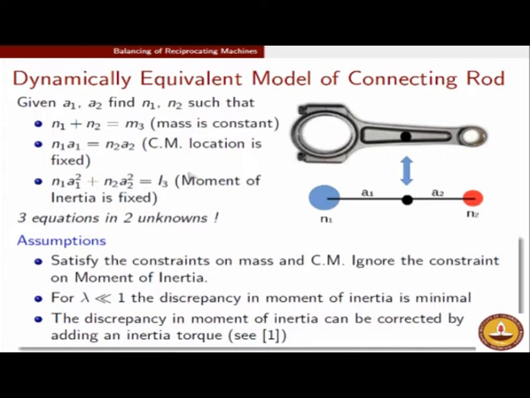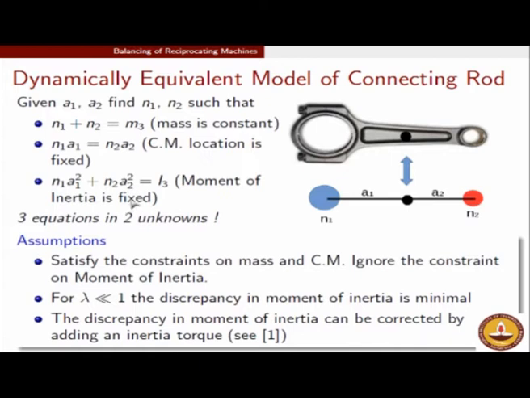A simple matrix algebra proof will demonstrate that this is not possible. So therefore, at this stage again we have to invoke some assumptions. So we satisfy the first two constraints exactly, that is the mass we hold is constant, the center of mass we hold is at the same location as the actual connecting rod, but we ignore the last constraint on moment of inertia.